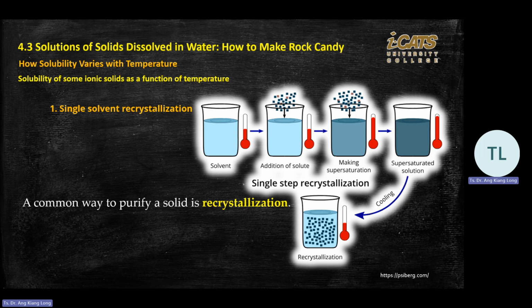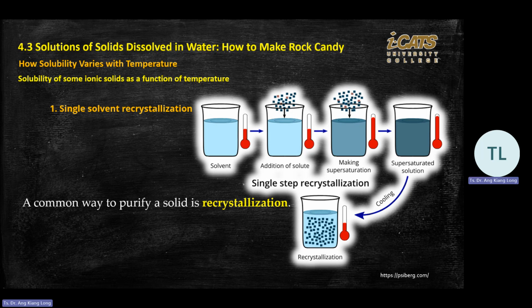Right? Okay. So how do we do it? You always start with the solvent, then you add solute and mix, until you maximize the amount of solute in the solvent. It will form supersaturation. You see the thermometer here, this one is at room temperature. How to form supersaturation? You increase the temperature and add more.